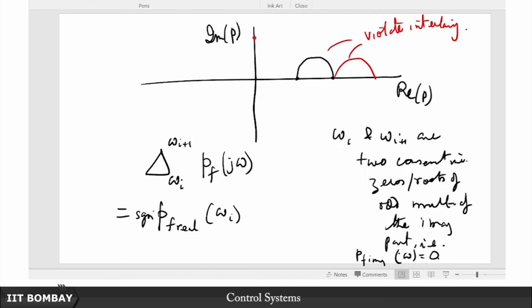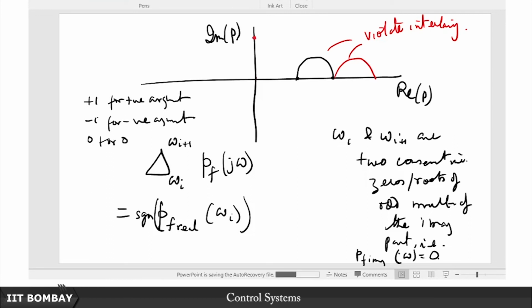The signum function is basically plus 1 for positive argument, minus 1 for negative argument, and 0 for 0, that is how the signum function is defined.